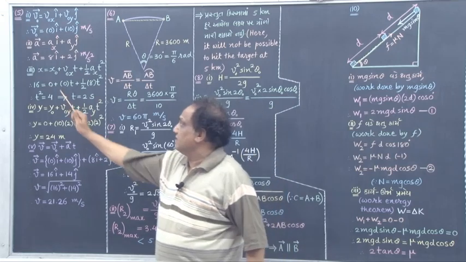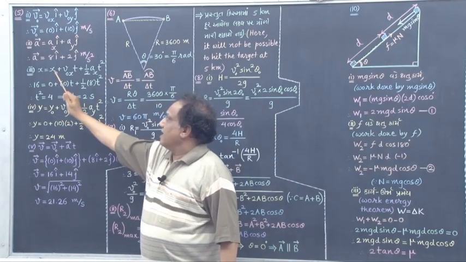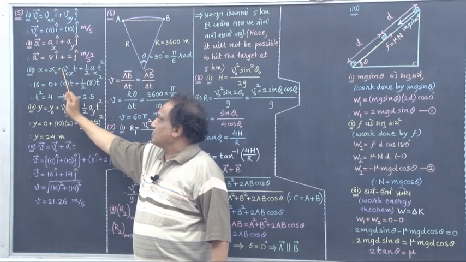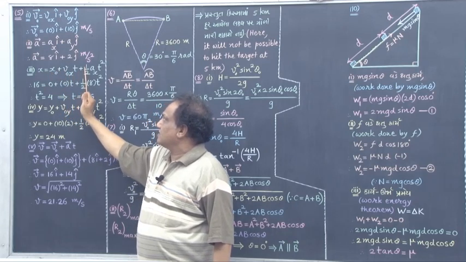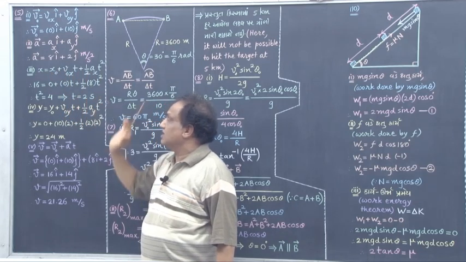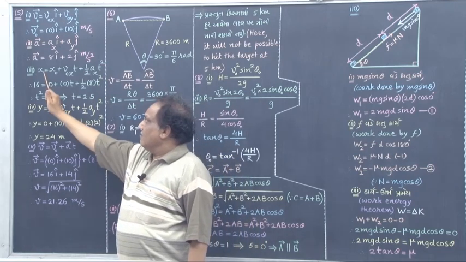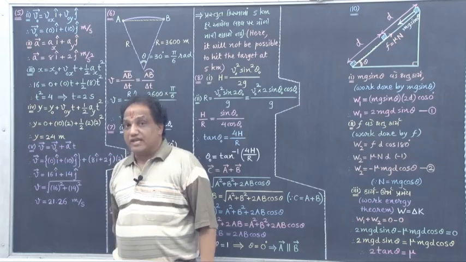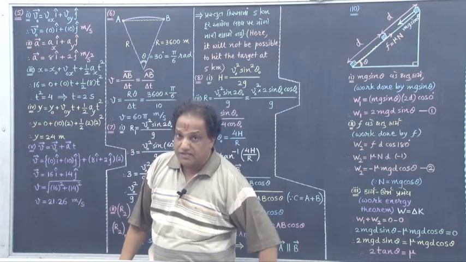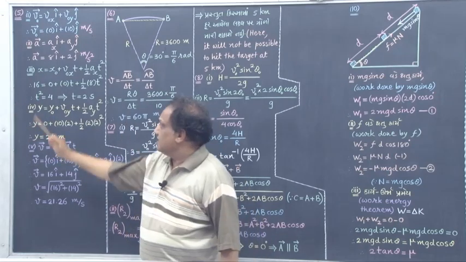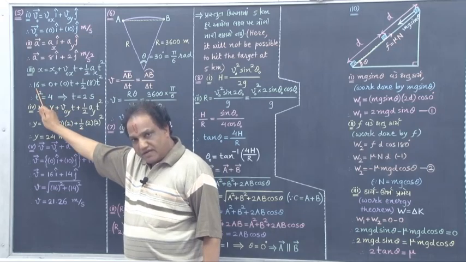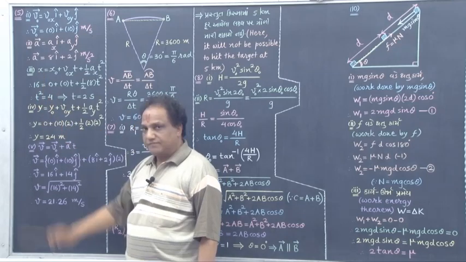Same formula written here. We are given the x coordinate of the particle at some time t as 16 meters, okay? So, x is 16 meters.